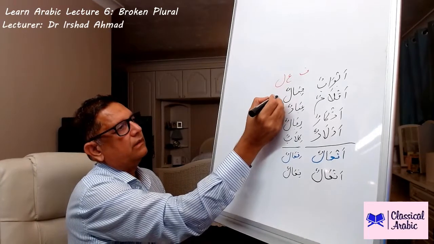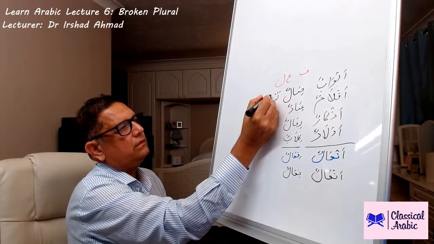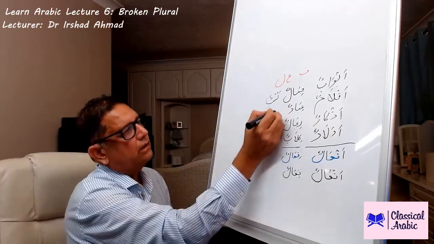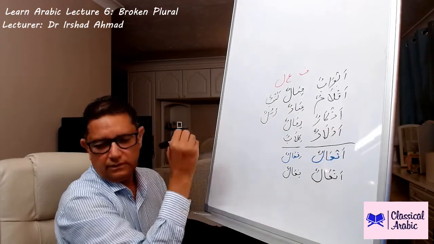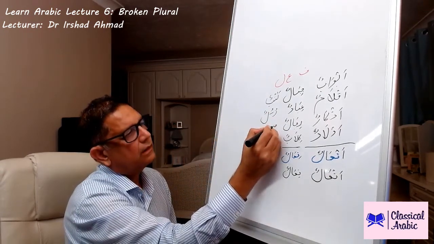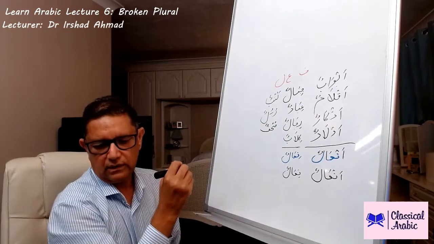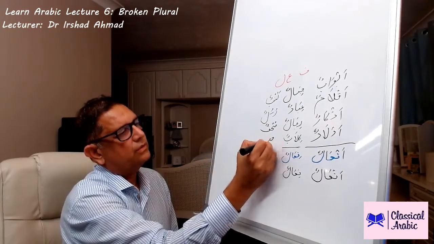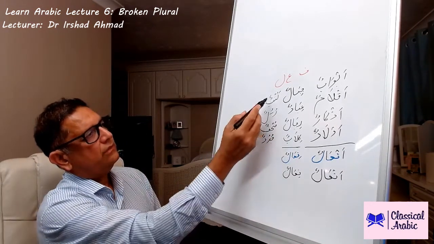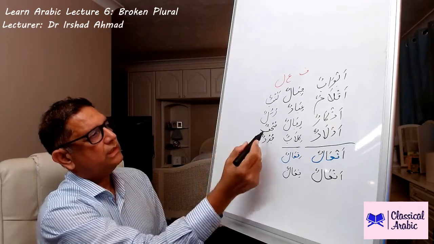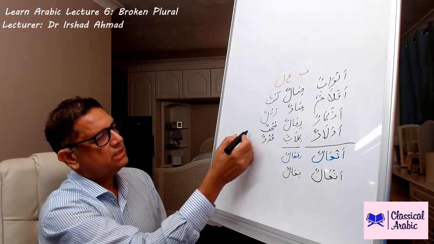We have kutubun, rusulun, suhufun, and jududun. Singular here we know kitabun, rasulun, sahifatun, and jadidun.